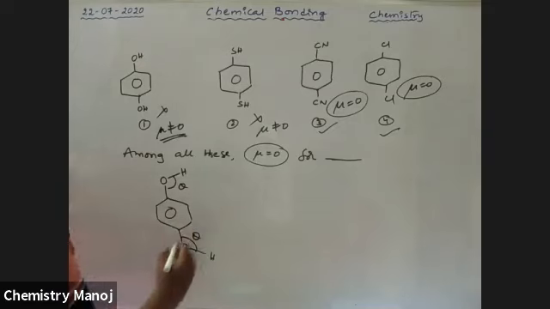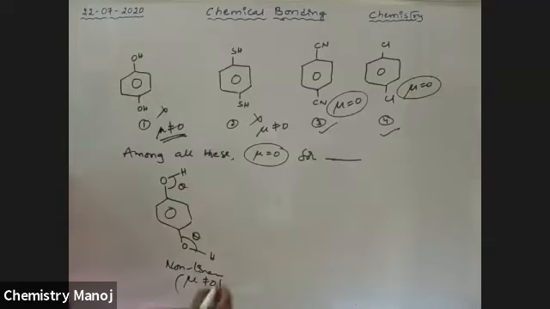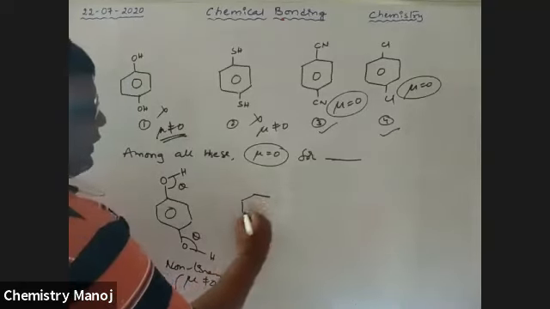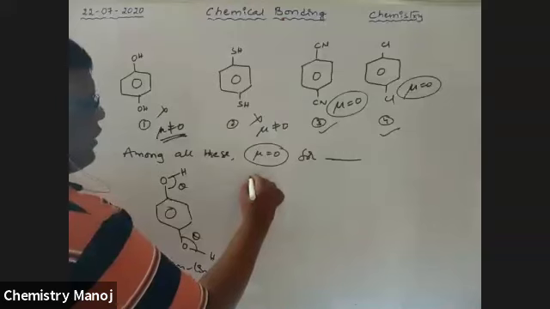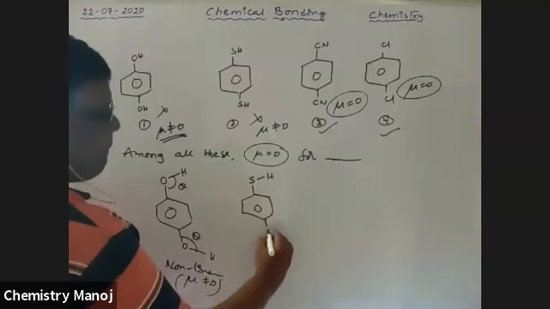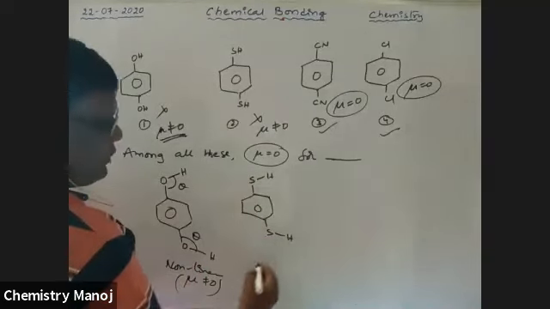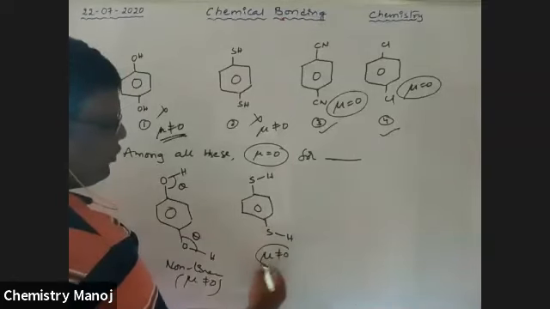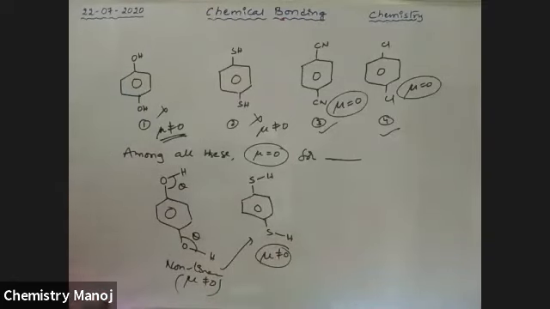Therefore, it is a non-linear molecule. Mu not equal to 0. Next, SH is also similar. Instead of oxygen, there is a sulfur end. So it is also non-linear, therefore mu not equal to 0, just like this one, a non-linear molecule.